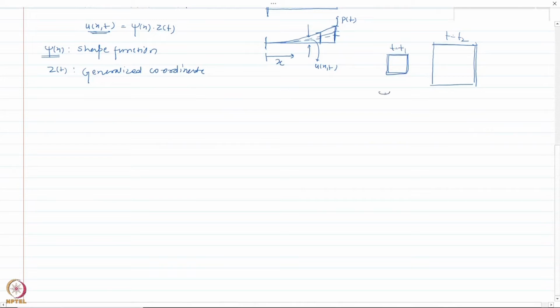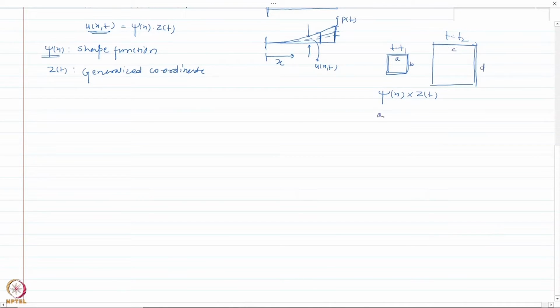So if I can find some function that represents the shape of a structure and multiply it with some other function that represents the time variation, then that is going to give me the overall deformation. For example, in this case, if I represent the shape as a, let us call this C and D.